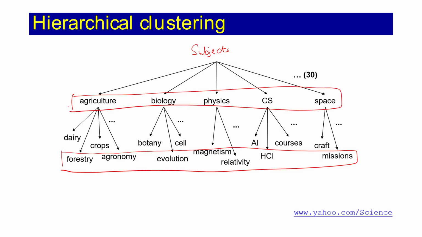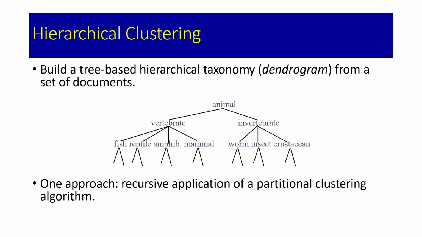That is the way it is done normally, and it is built on a dendrogram like structure, which is nothing but a tree like hierarchical taxonomy, and it forms a recursive, partition led clustering algorithm. This is recursive; we are dividing the data from the top down.